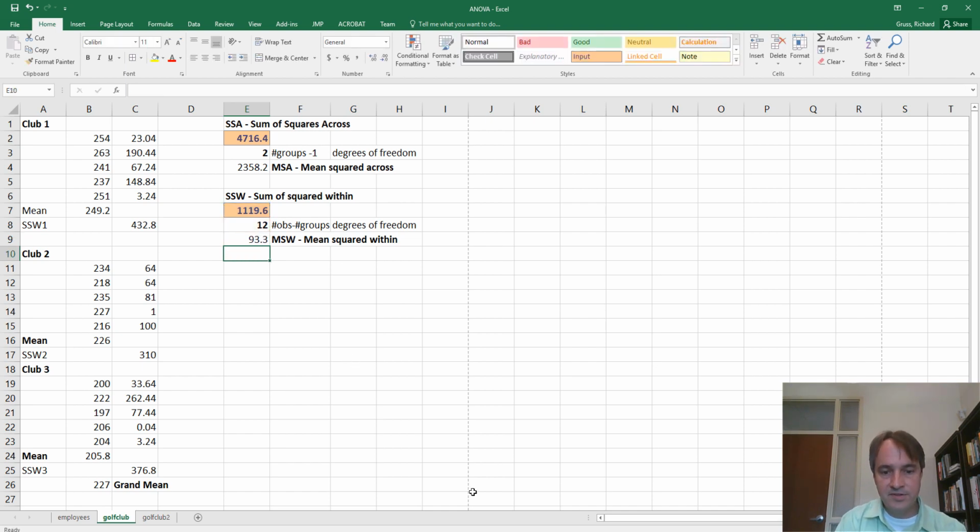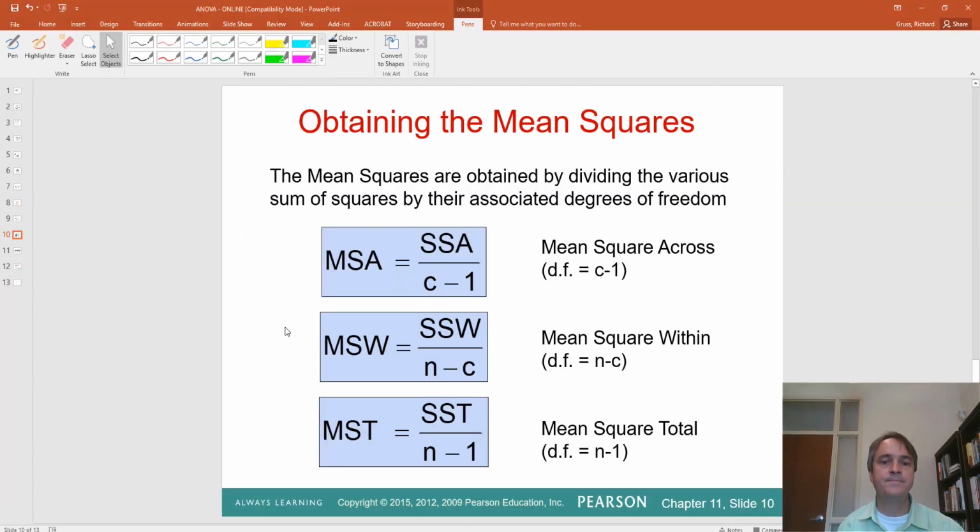Now I put this down on a slide here to kind of summarize it. So we see here, we're taking our sum squared across and we're dividing it by a degrees of freedom equal to the number of groups, our clubs or employees or whatever, the number of groups minus 1. So this is a degrees of freedom.